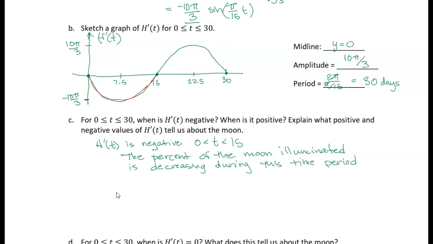Okay, which makes sense because we were told in the original problem statement that the full moon occurred on July 7th, and so after the full moon, the percent illuminated is going to decrease from there.